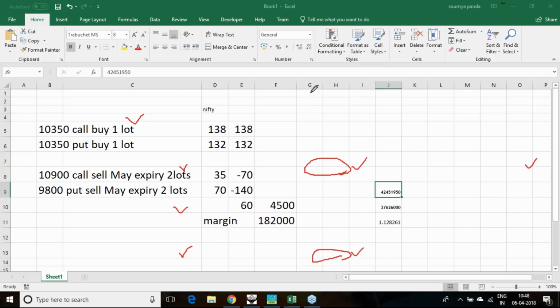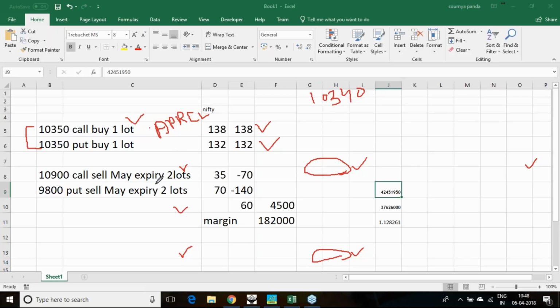Currently I am at the 10,340 level. I am recommending to buy the 10,350 call option and put option, one lot each. The current prices are 138 and 132. We are buying one lot each for the April month.